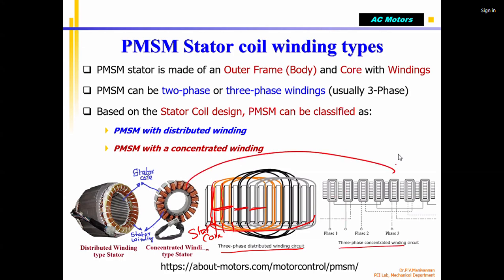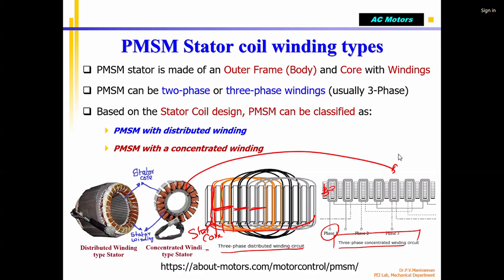This is what is shown here. You can see here the three-phase. You have the core on which the coil is wound. Phase 1, phase 2, and so on. The magnetic field created by this will not be evenly spaced. Concentrated winding will not produce an evenly distributed magnetic field.